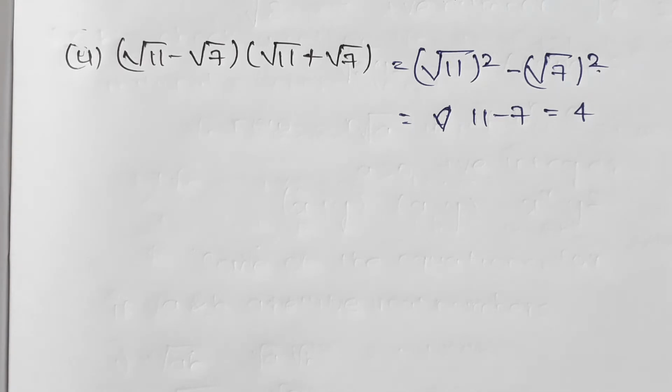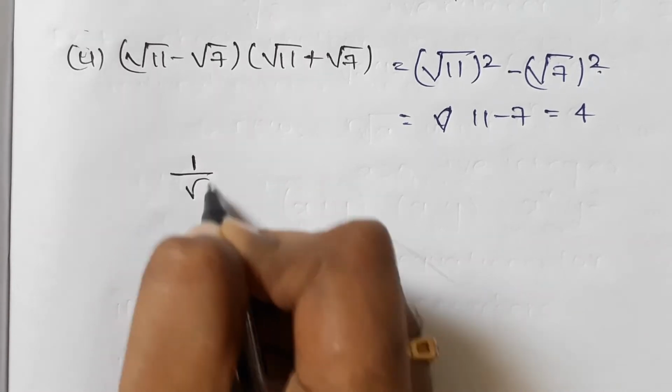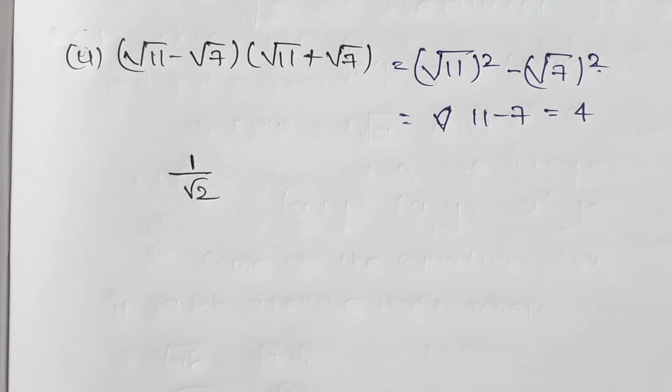And now let us see another one. We will end this with one of the problems, that is let us take 1 by root 2. Here 1 by root 2 is an irrational number, we know that. It may be easier to solve this if the denominator is a rational number, like 1 by 2, but it is irrational.